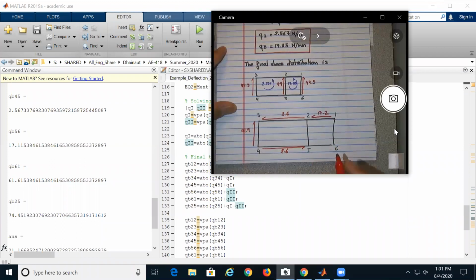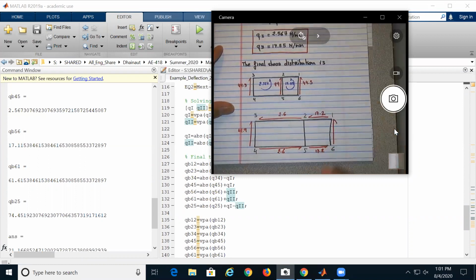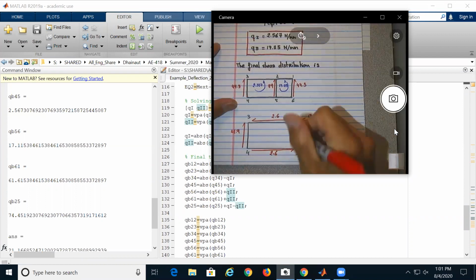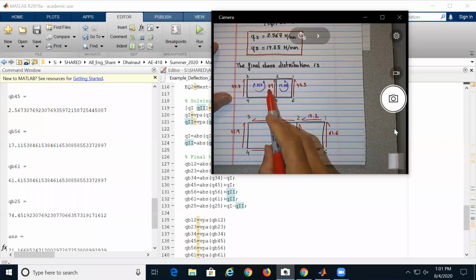So 5.6, 17.2. And 1.6 should be equal to the 44.5 plus the 17. 61.6. And then the center one should be 89 plus 2.567 minus 17, which gives, so it should be Q25, 74.5.